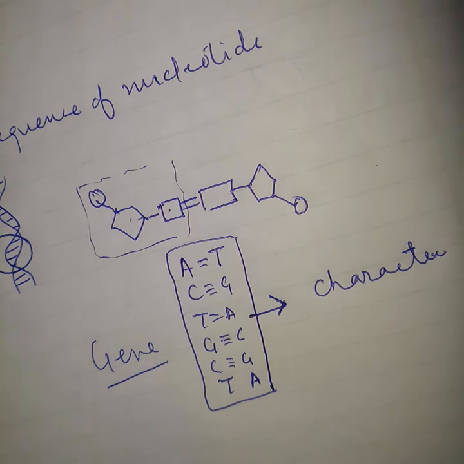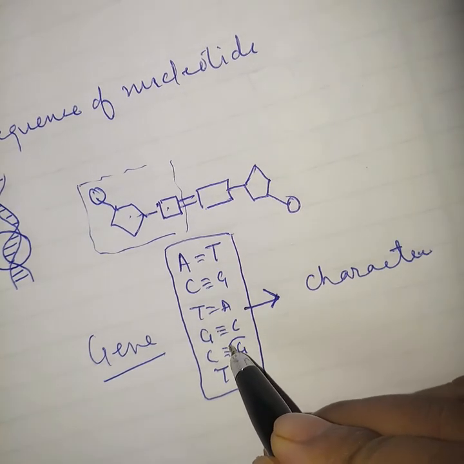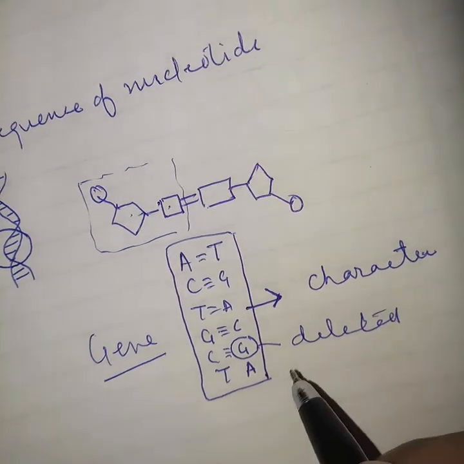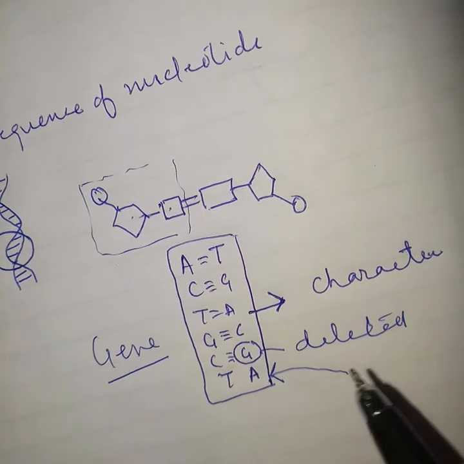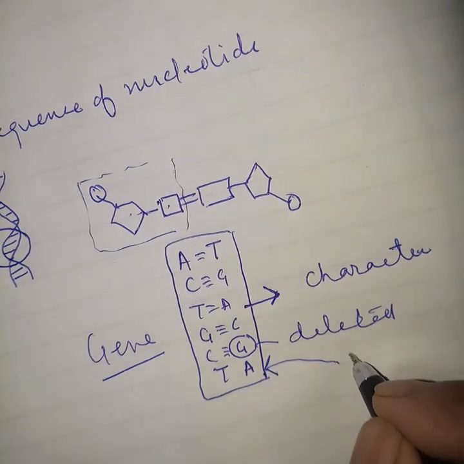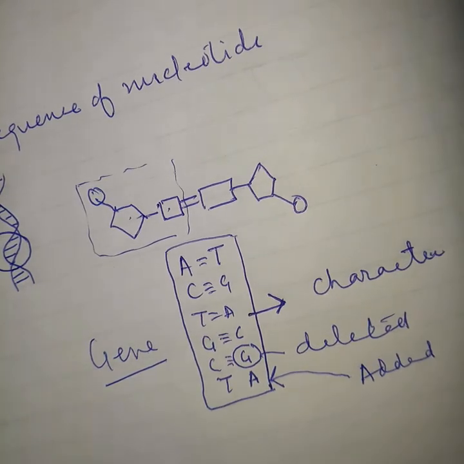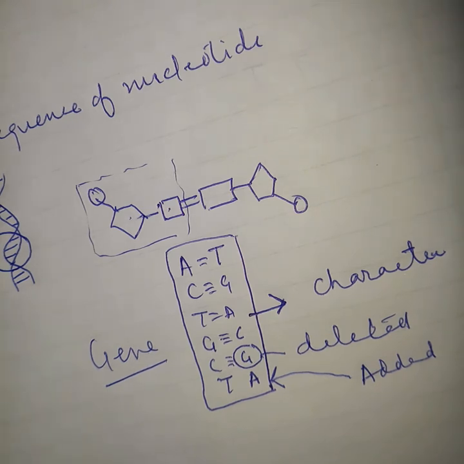But when these genes, DNA or chromosomes are exposed to certain radiations, some particular base is deleted, or in some portion a particular sequence is added, and all this results in a change in the external appearance, that is phenotype, as well as a change in the genetic makeup.